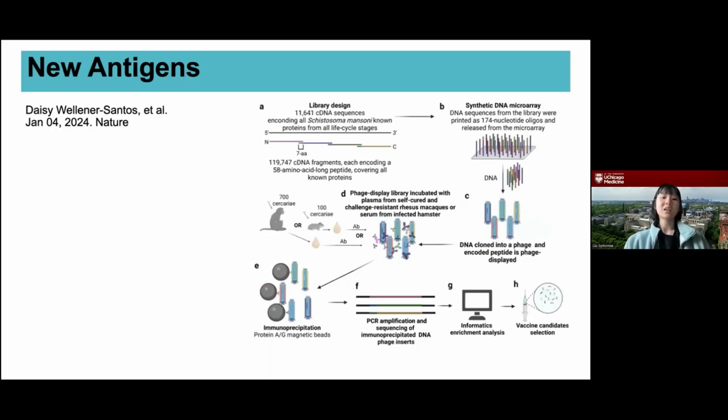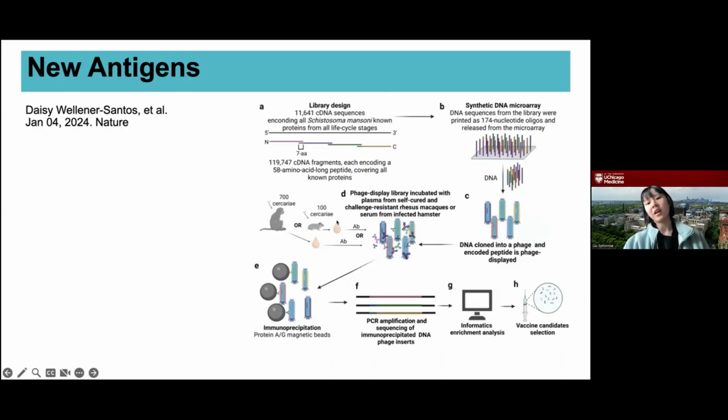And what's more exciting is a very recent paper from 2024 published in Nature, in which they did a massive screening on Schistosoma mansoni. They had the whole cDNA sequence of Schistosoma mansoni, cloned it into a library, and allowed phages to express these subunits, with each phage expressing one single antigen.